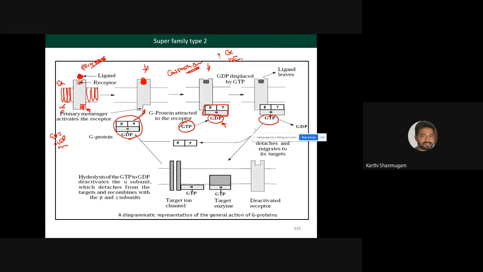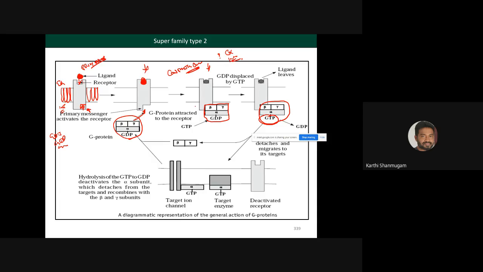Because of the conversion of GDP into GTP, this G protein is now highly unstable. Again, I repeat, very important for the examination point. The conformational change leads to attraction of G protein, so G protein goes and binds to this position.